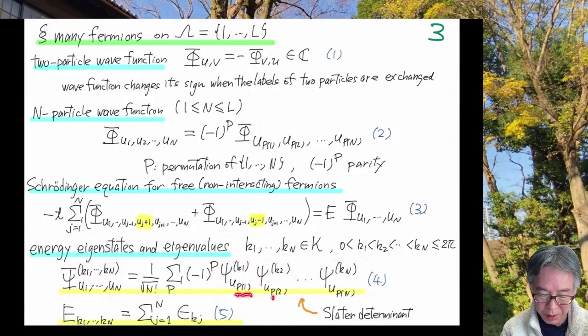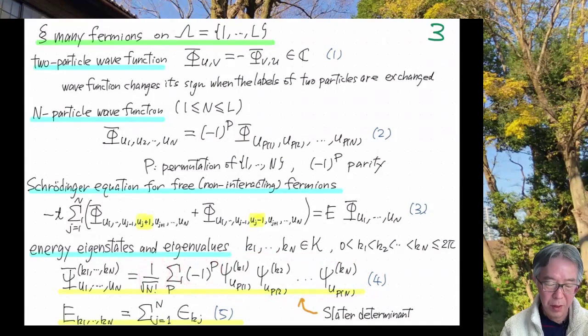But here you are changing these labels, and actually this is a bit tedious. So you first label particles, and you consider this product of single particle energy eigenstates, but then you change labels in all the possible n factorial ways, and just sum them up, taking into account this phase factor, and then you normalize.